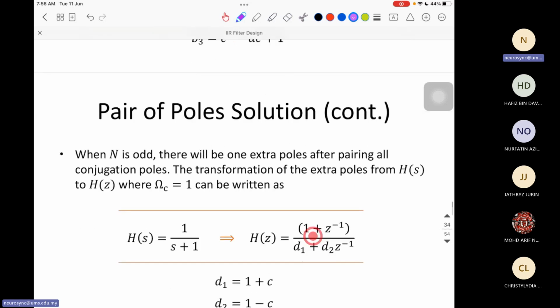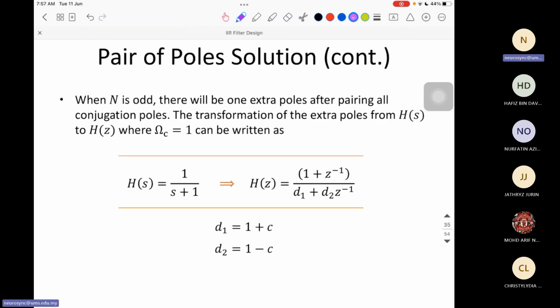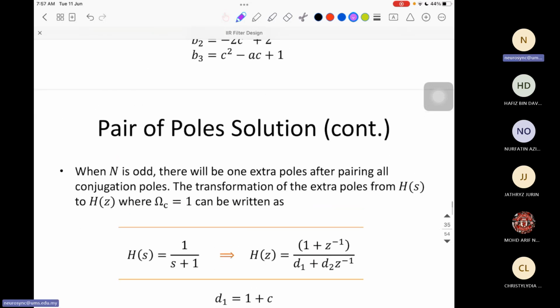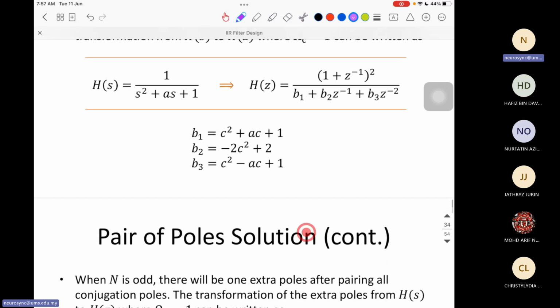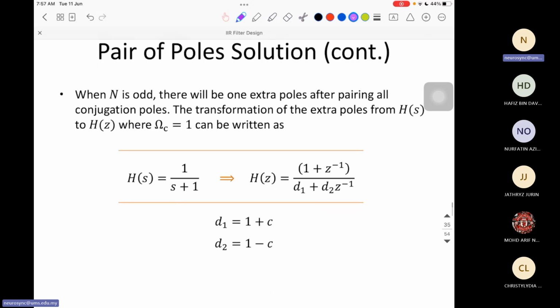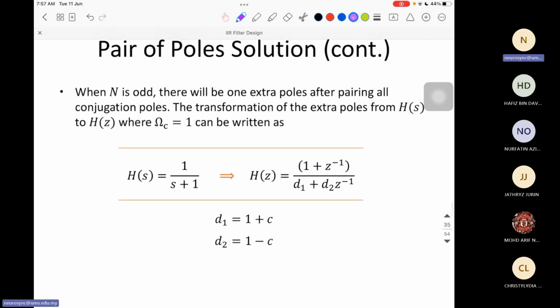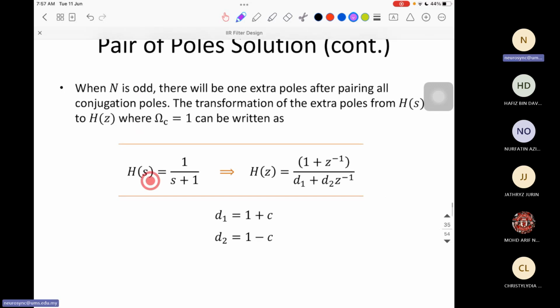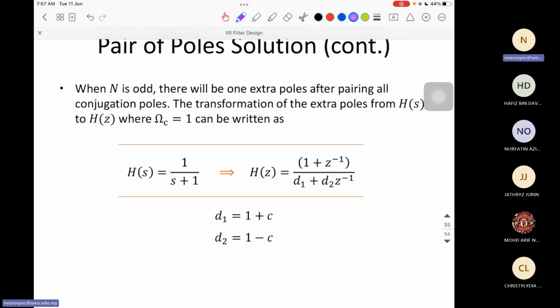Okay, now in this case n was even, n equal to 4. If n is odd, what will happen in that case? There will be one extra pole after all the complex conjugate pole pairs, and the extra pole is at H(s) equal to 1 by s plus 1.